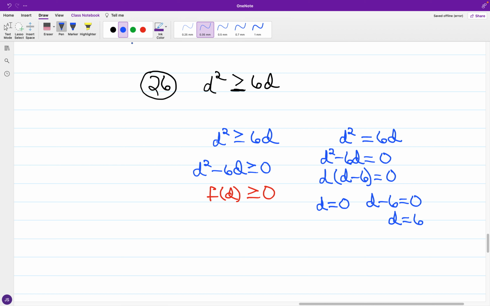Okay, so just taking what we have, being able to use a tabular setup again, you have d squared minus 6d greater than or equal to 0.